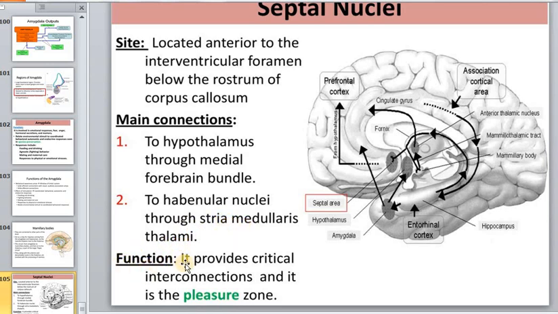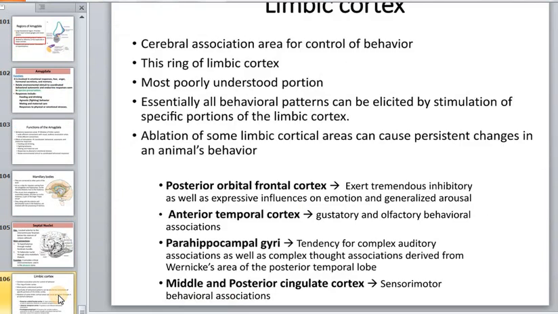Its function is that it provides critical interconnection and it is a pleasure zone. So the limbic cortex in general is the cerebral association area for control of behavior, the most poorly understood portion, so there is very little information here.